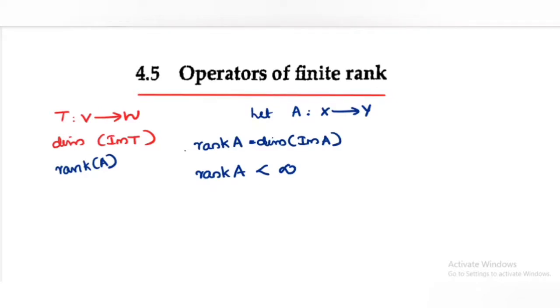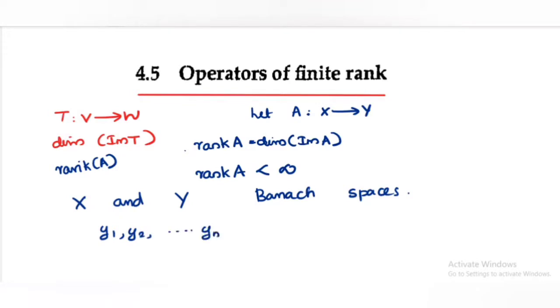So we consider the spaces X and Y, and X and Y are Banach spaces. You choose some finite number of elements in Y. Let y1, y2, etc., yn belong to Y, some elements.